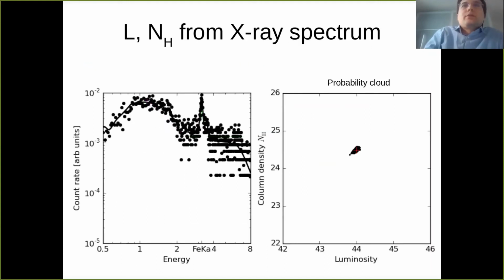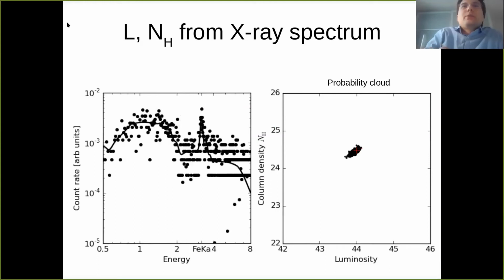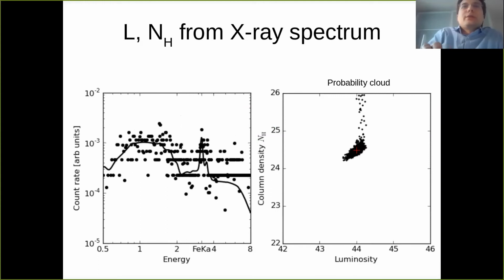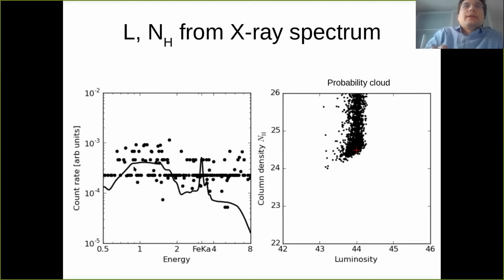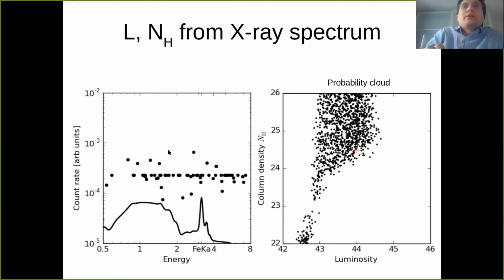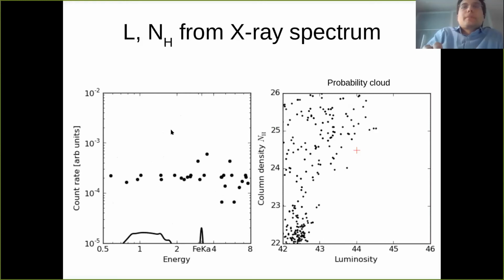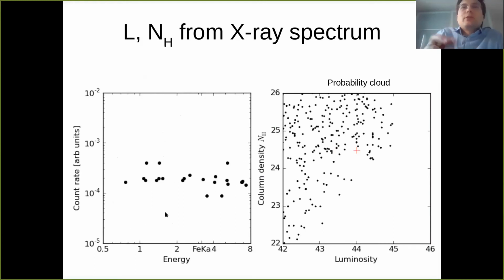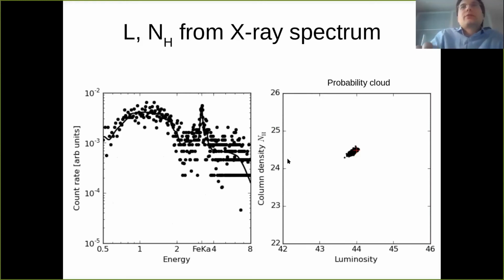Here's an example varying the number of counts. I simulated a bunch of data sets, and I generate a new data set with lower and lower normalization, lower and lower flux.